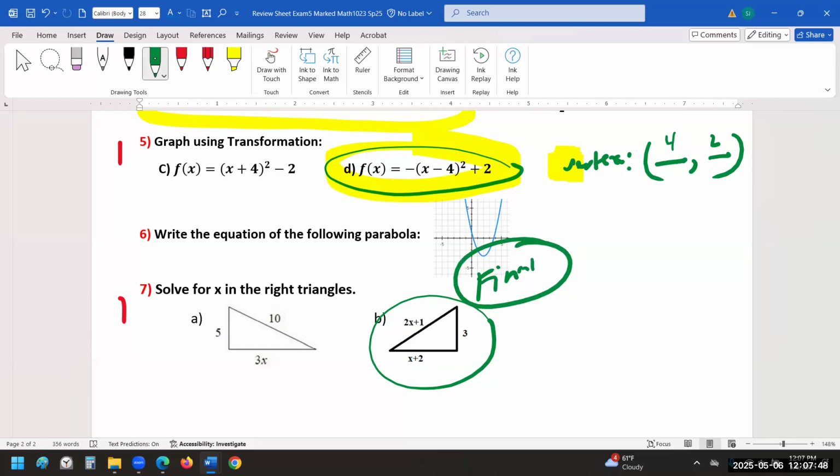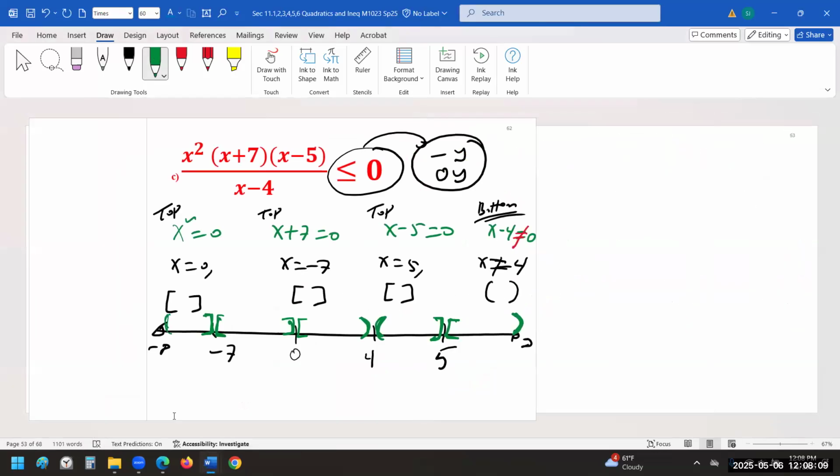So what you do in here is a right triangle. So you use the a squared plus b squared equals c squared method. Your a and b could be any one of the legs, but c has to be the longest side. Always.